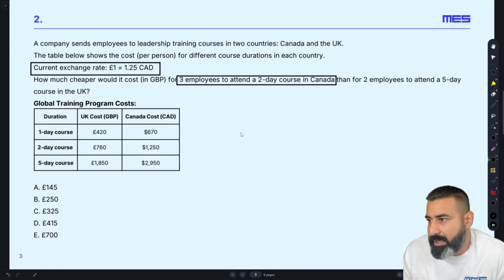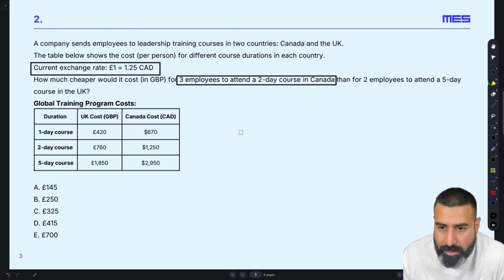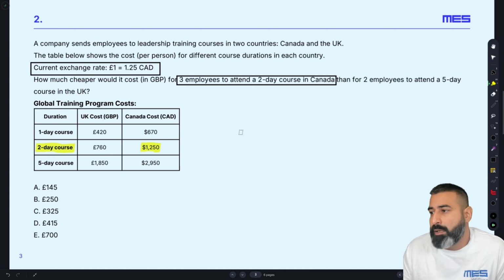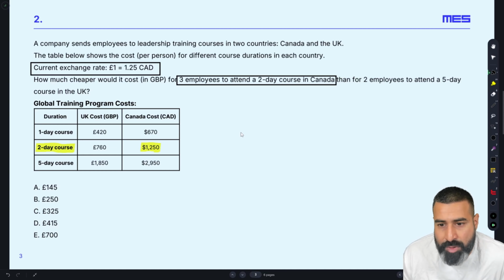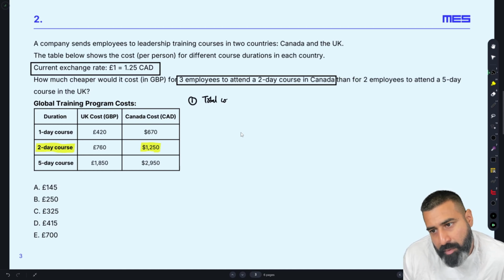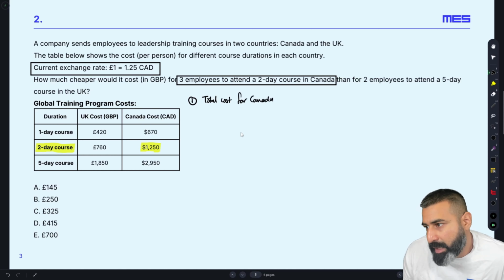Okay, so let's find Canada in the table, and this is the cost for a 2-day course per person. But let's do total cost for Canada.